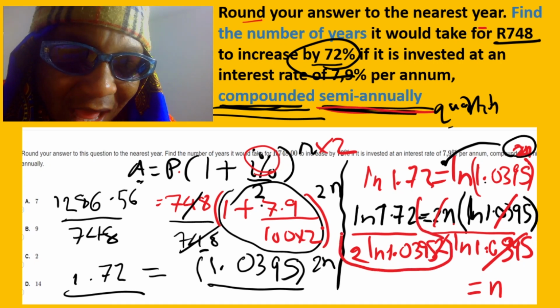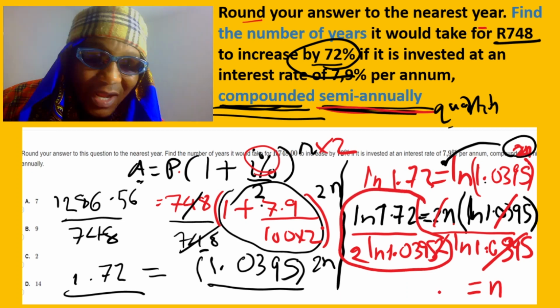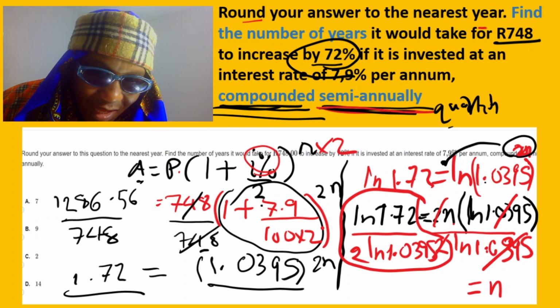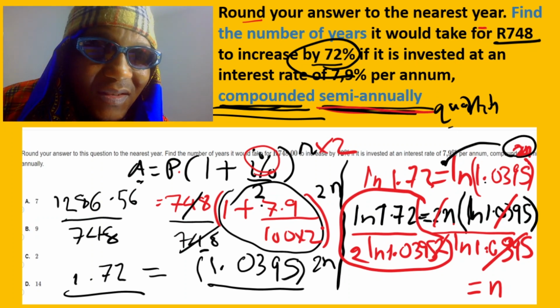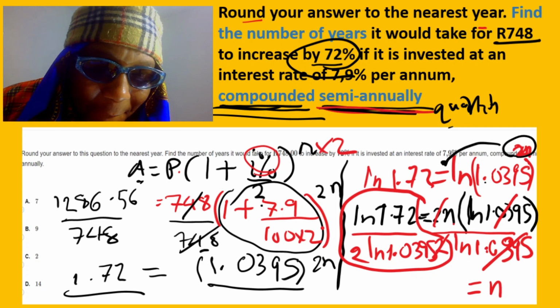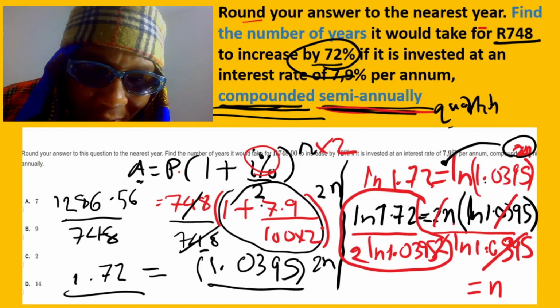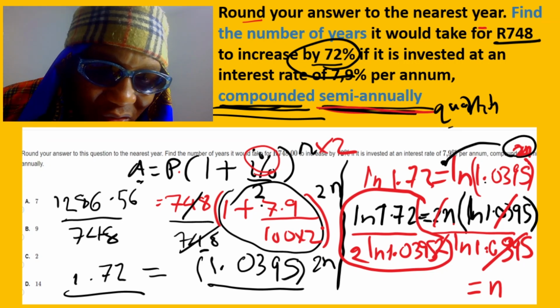Then I can simply plug all of this in the calculator. So I'm going to come in and browse my calculator. Okay, let's clean everything. So now I'm going to say fraction, and then ln. On top is going to be ln of 1.72, and then we close it.